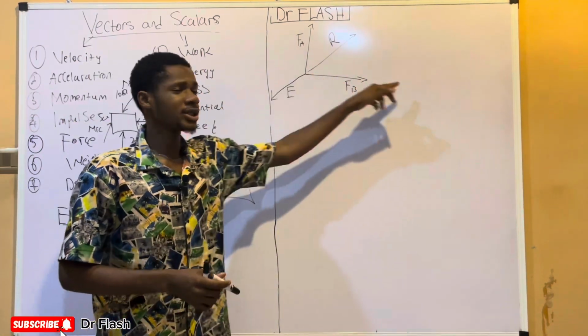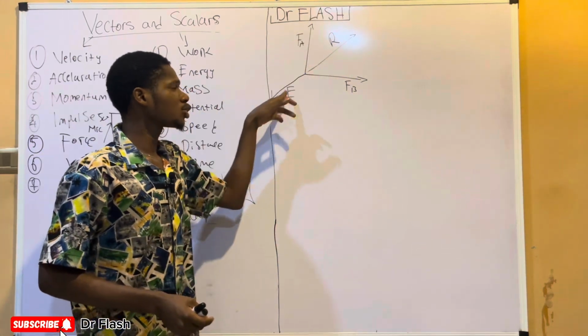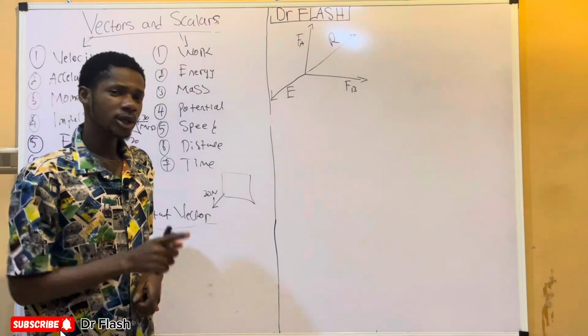So when you notice that it is exactly opposite in direction. If this one is going towards the east, this one will go towards the west. If this one is going towards the north, this one will go towards the south. So it's always opposites, but equal in magnitude.